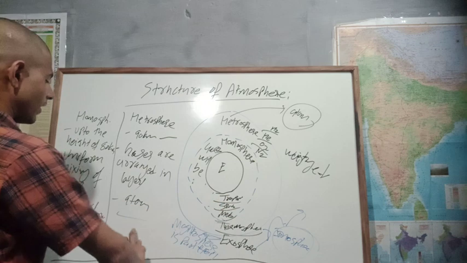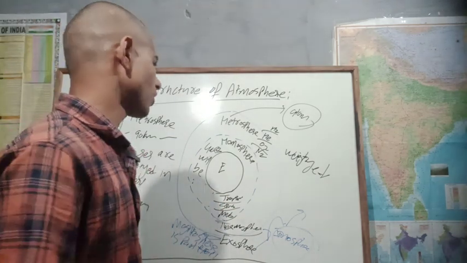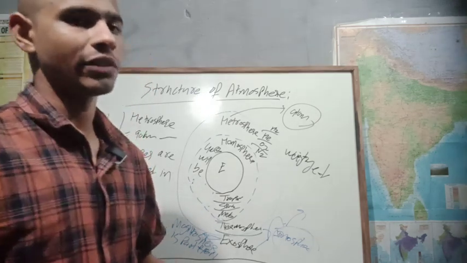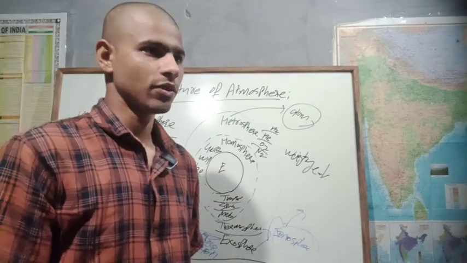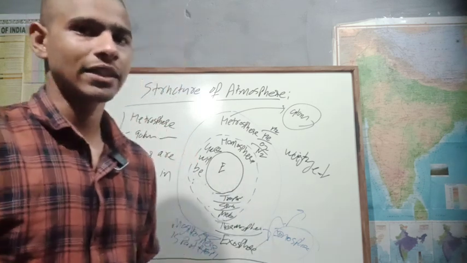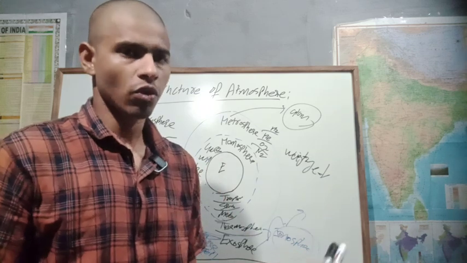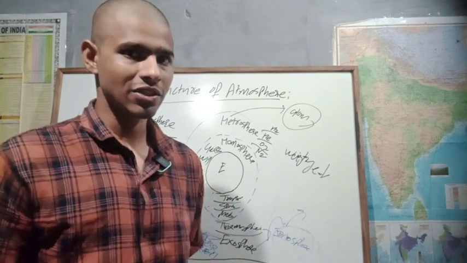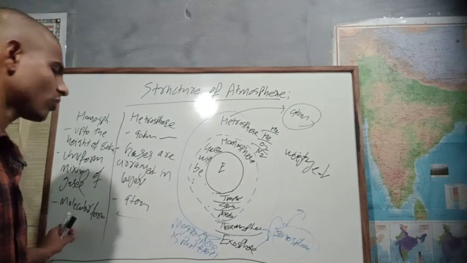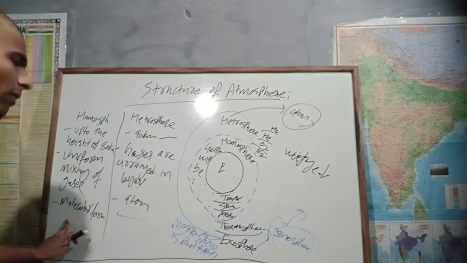Fine. And what's the next difference, guys? You can observe that previously we said that as the altitude increases, the water vapor and dust particles decrease. So here there will be more dust particles and water vapor as compared to this one.